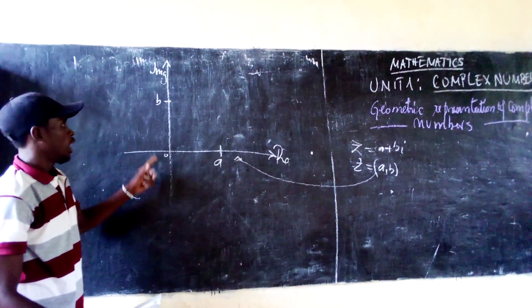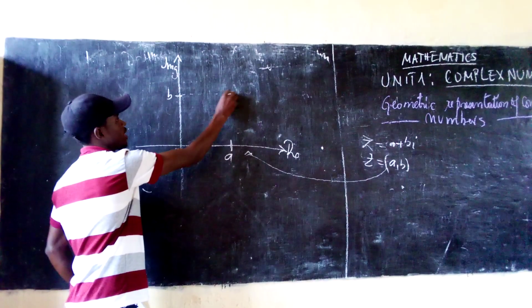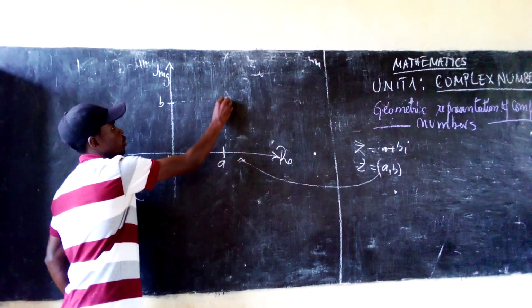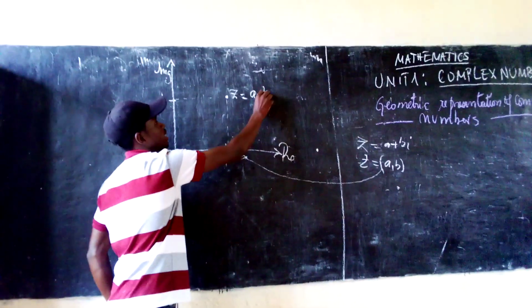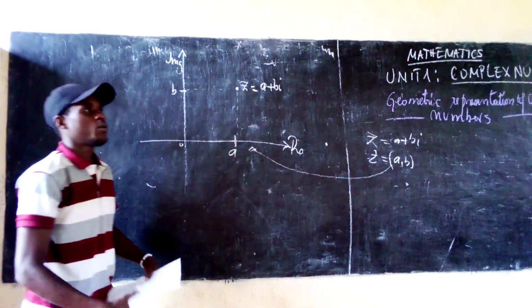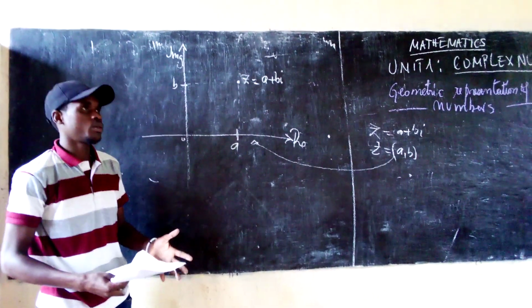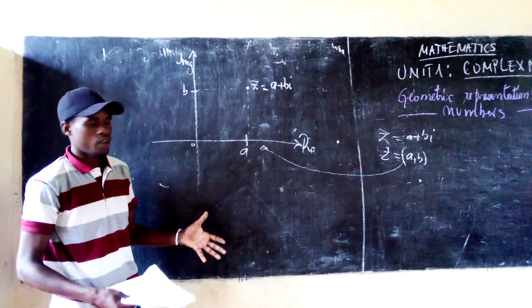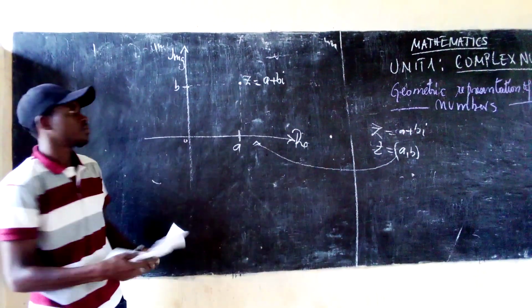Then if you join the resulting point like this, one complex number a plus bi is represented on the graph. The graph there will be an Argand diagram.